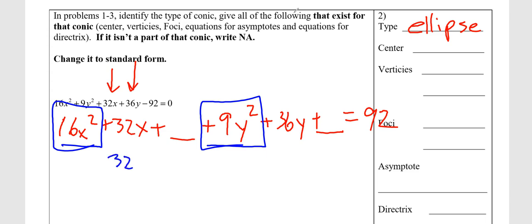Okay, so what have you decided that you would be adding to both sides for the x's? How much are you adding to both sides for the x's? 16. 16 is correct. And how much are we adding to both sides for the y's?